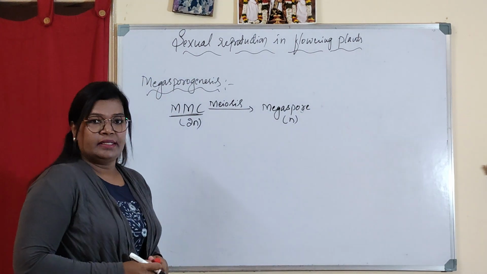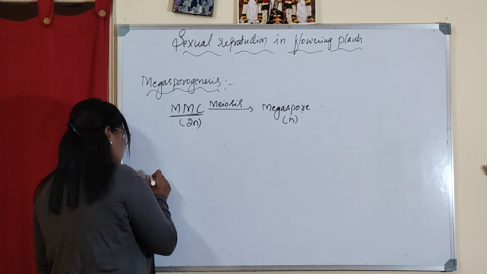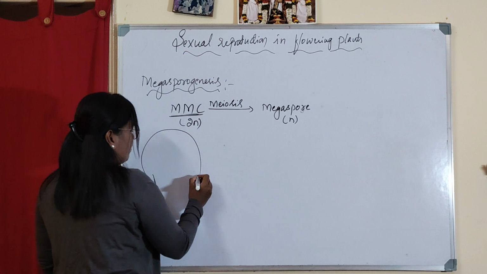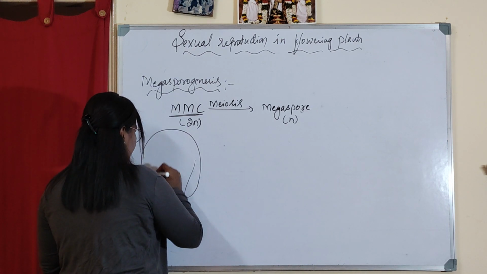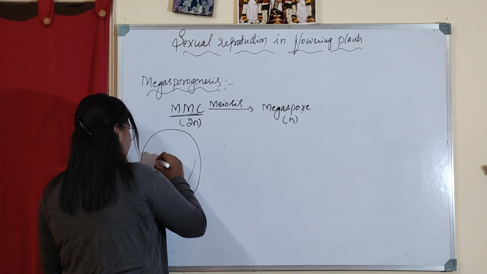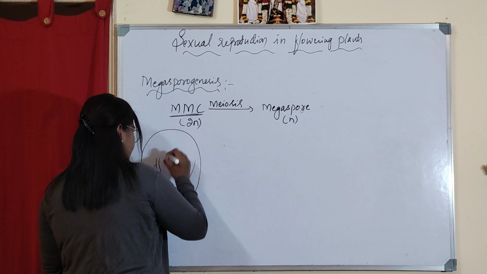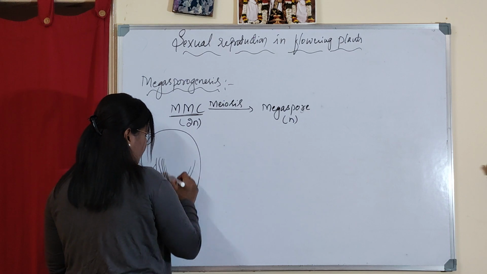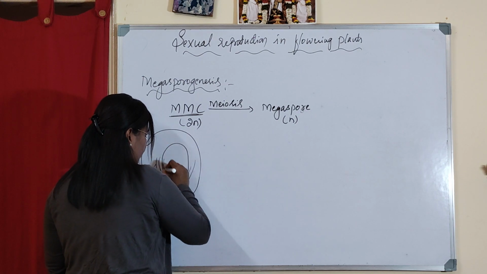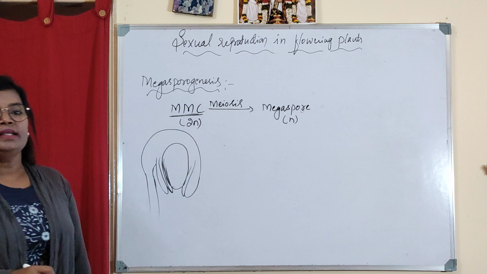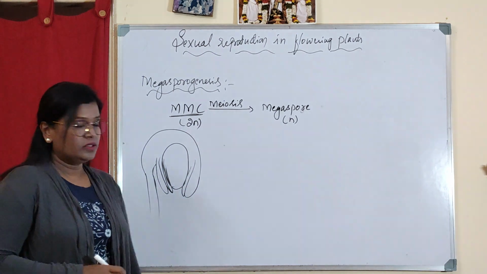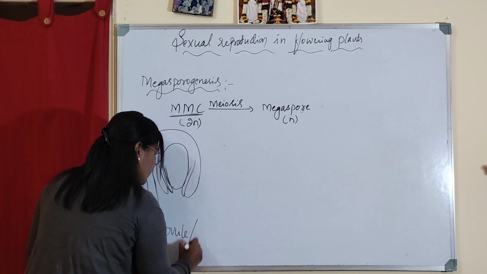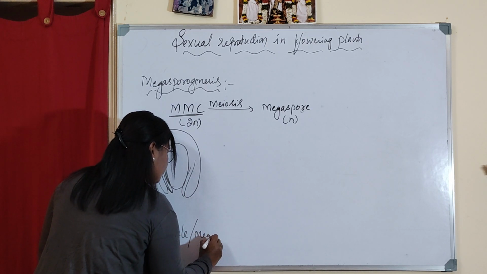Fine. How are these megaspore mother cells formed? Where are they present? We have discussed the ovules. Ovules are nothing but megasporangia, so we call it megasporangia or ovule.